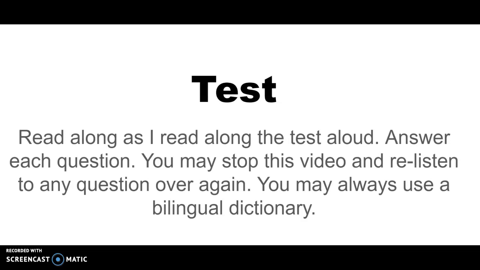Question number 6. In which location would the moon be in a waning crescent phase? So look at the picture. Position Q, position R, position S, position W.